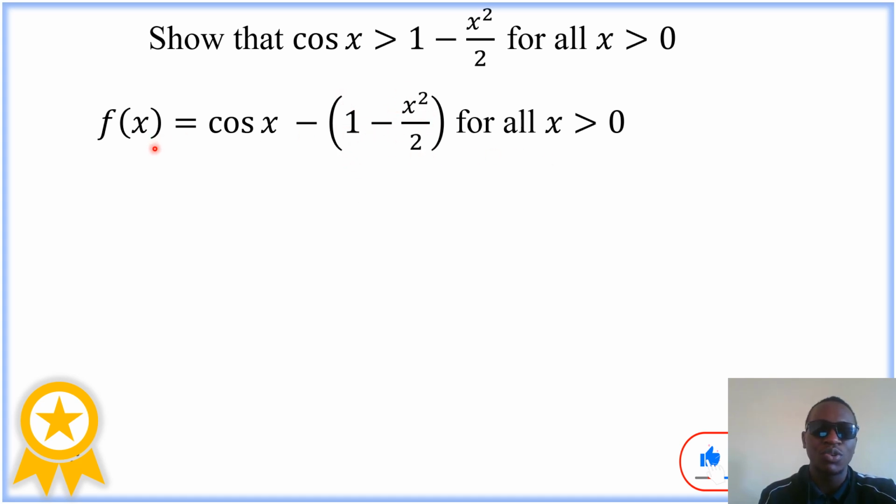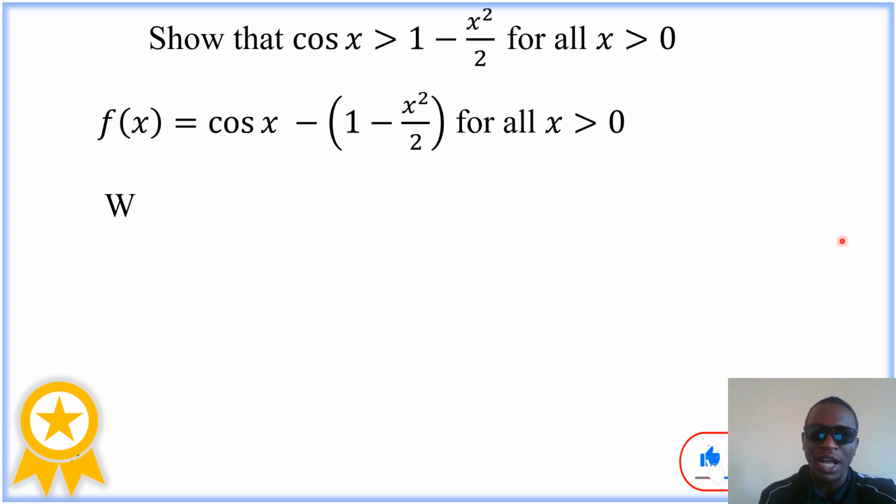So we'll define this function. If we are able to prove that this function is greater than 0, because we have denoted the left hand side to be f of x, it means we have established that cosine of x is strictly greater than 1 minus x squared divided by 2 for all values of x greater than 0. So now the very first thing we have to do is to simplify this cosine.